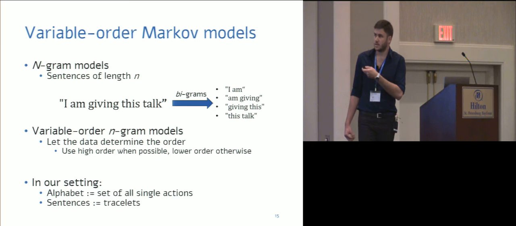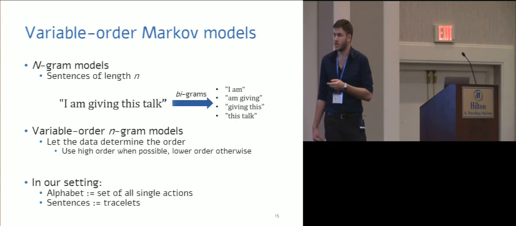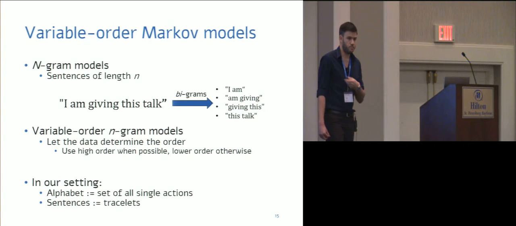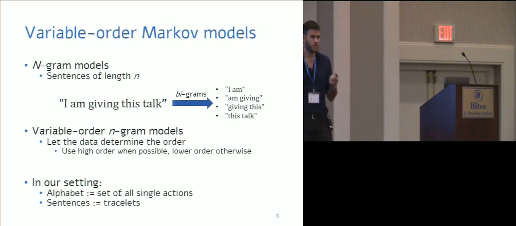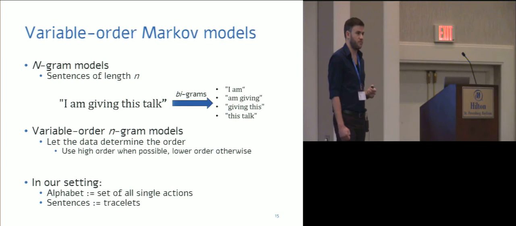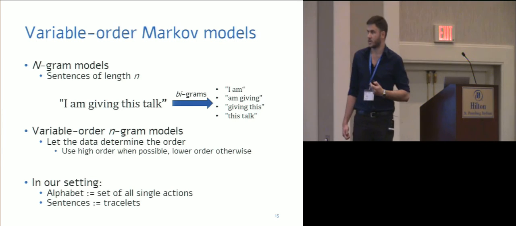And these n-gram models are usually fixed order models. By order, in case anyone is confused, order means the length of the sentence. So n-grams are usually fixed order models. And we're actually using a variant of them, a variable order variant of n-gram models.